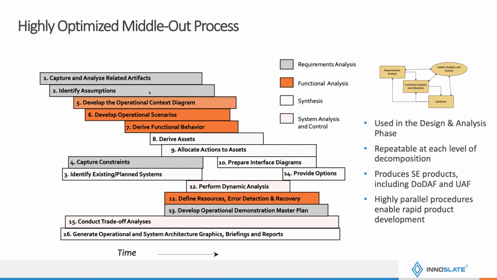And so in that, we developed this process to help us do that kind of thing. And the heart of it is functional analysis. We don't start with functional analysis per se. There's a lot of other things we're doing at the beginning of this process, but the critical mass occurs right here with the operational scenarios and the functional behavior diagrams.